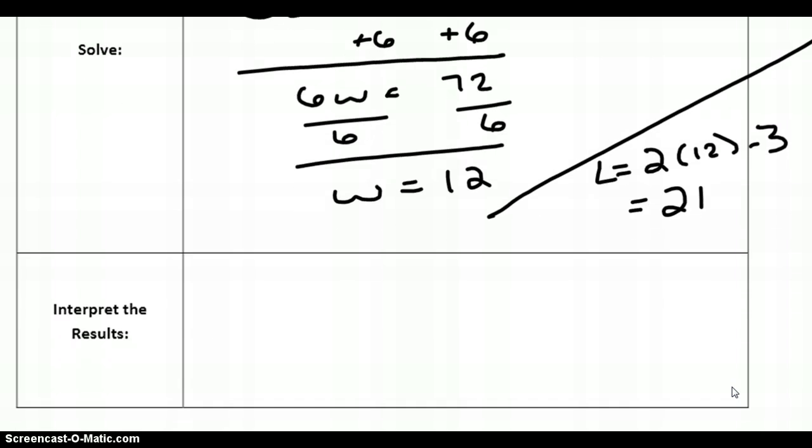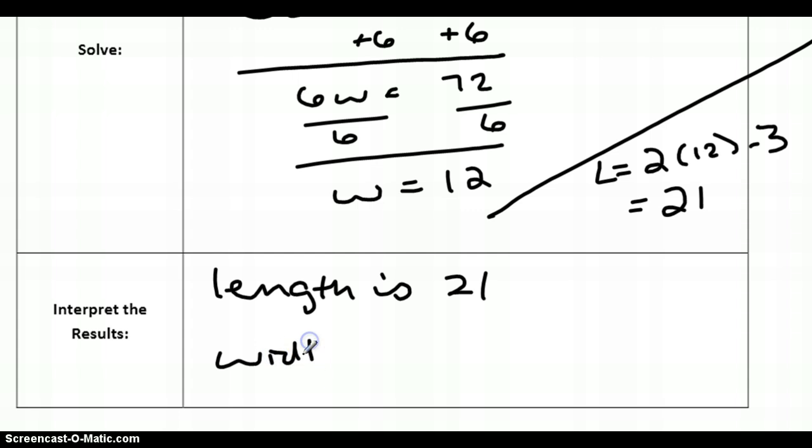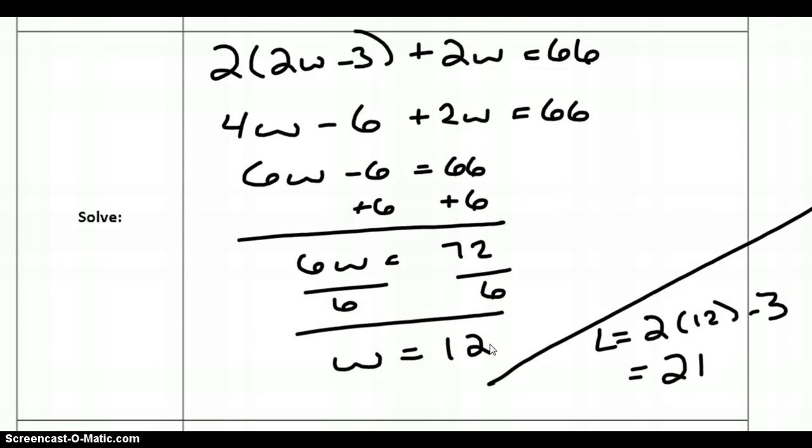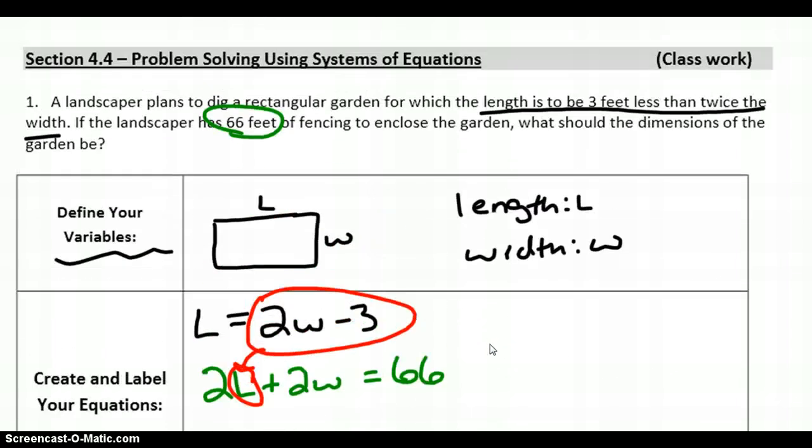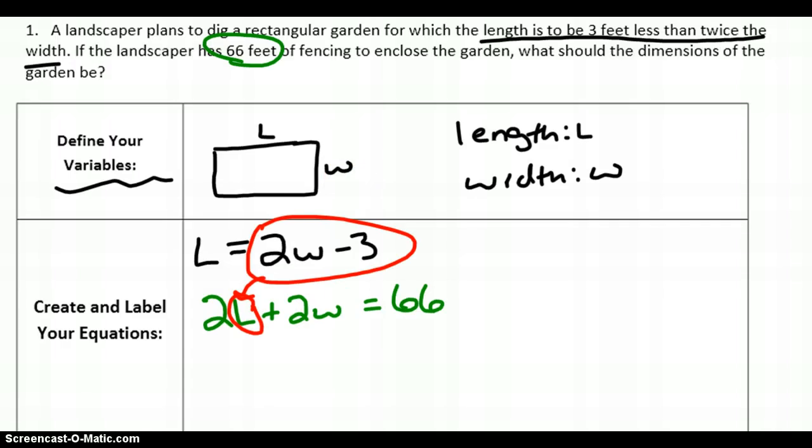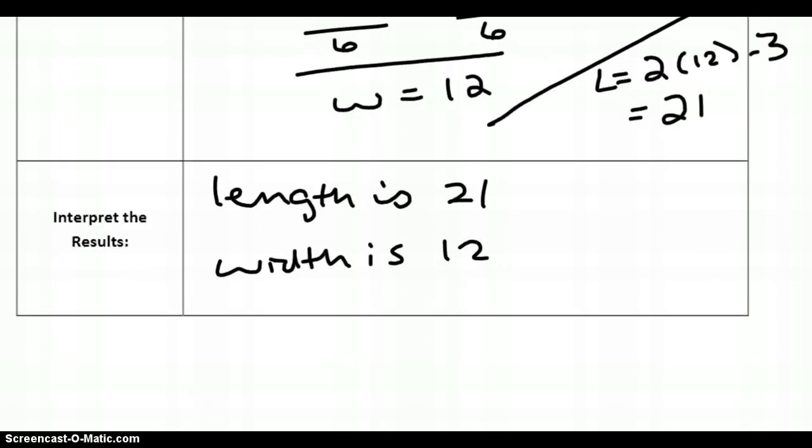So my final answer, to interpret my results, I would say that my length is 21 and my width is 12, and those are both in feet. We're talking about feet in this problem. Okay, so my final answer here.